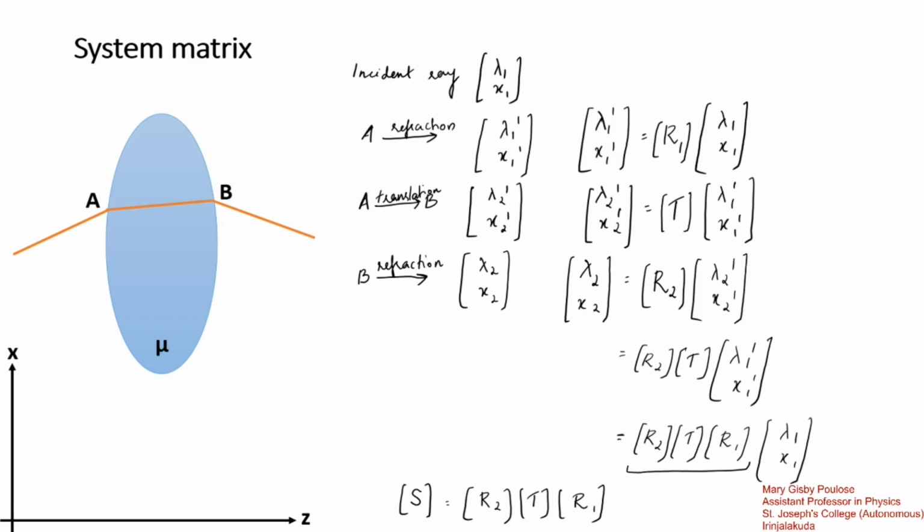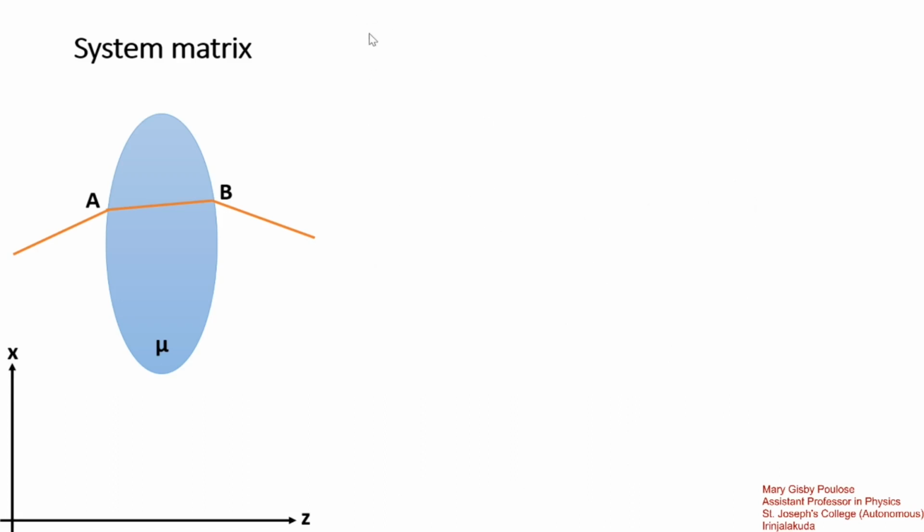It is in the reverse order that the product has to be taken. Okay, so in the next slide, let me rewrite the system matrix. S is equal to R2 upon T upon R1.